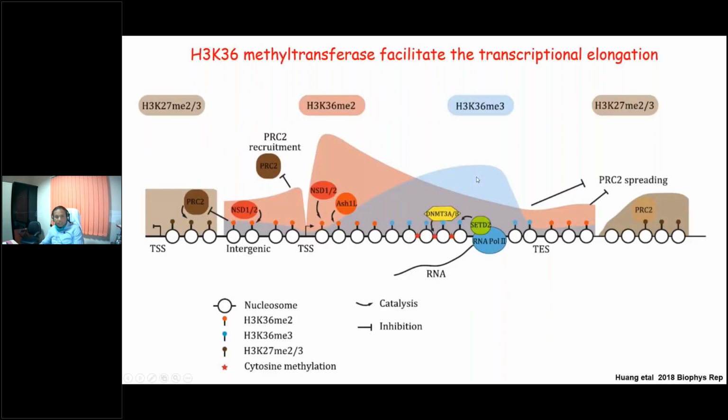I said earlier that H3K27 trimethyl or H3K4 trimethyl are present at either the promoter or the enhancer, but H3K36 is present mainly on the gene body.